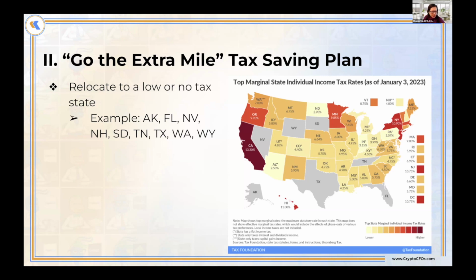I remember one client who was living in California. He said, okay, I'm going to move to Texas, I have my parents living there. But he only moved there for a certain period of time, and he still maintains a home in California.